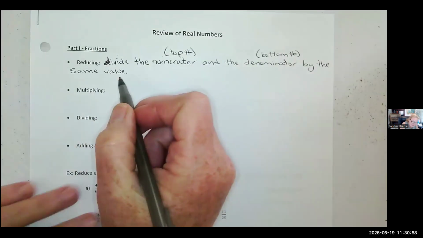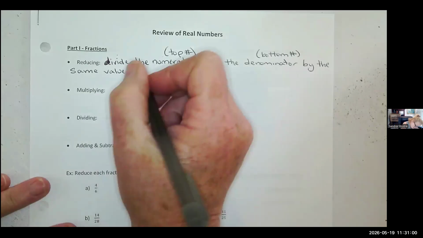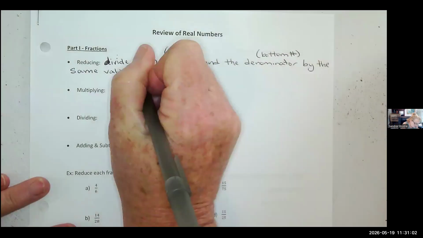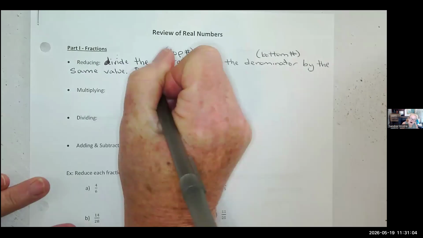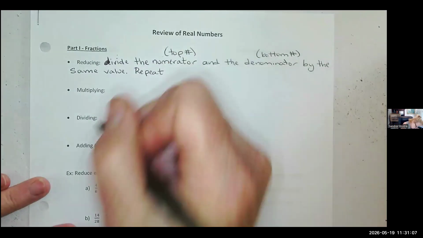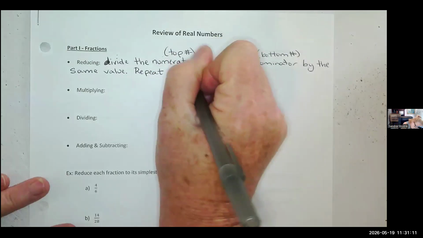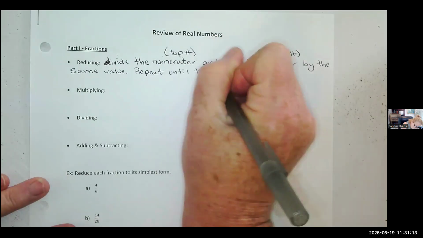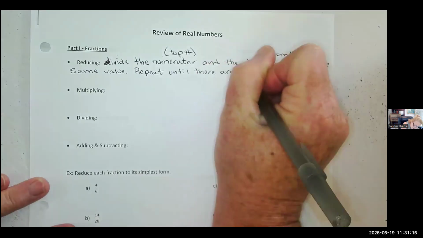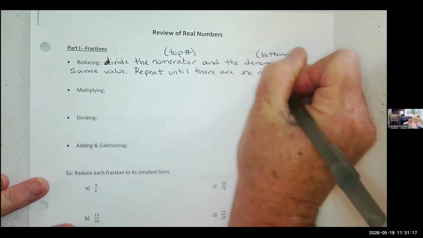You're going to repeat until there are no more common factors. What does that mean?